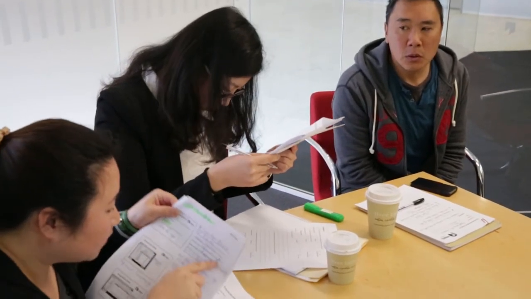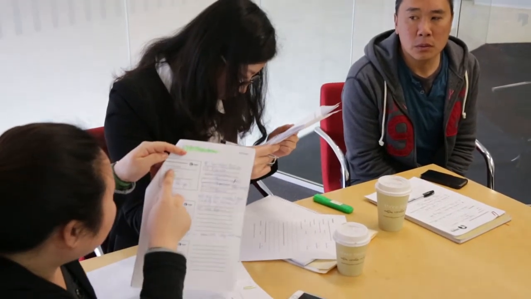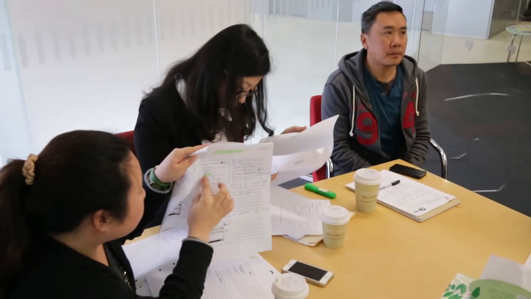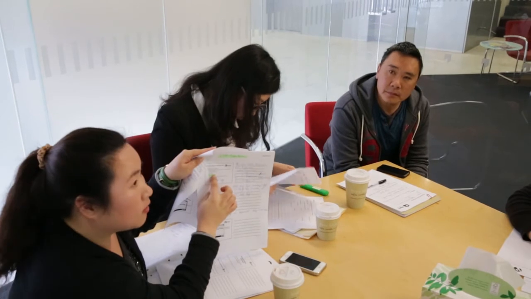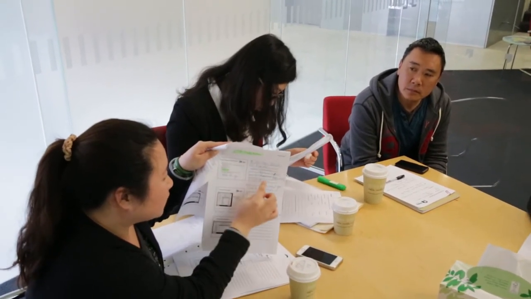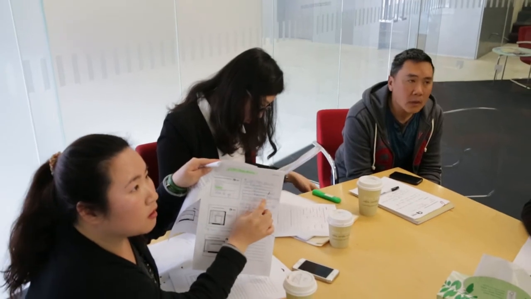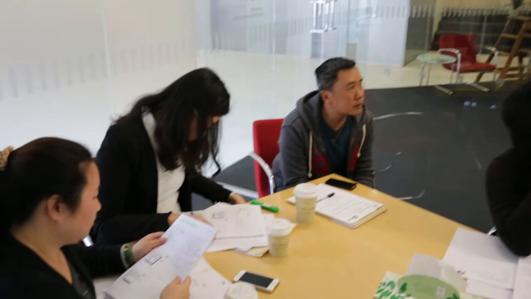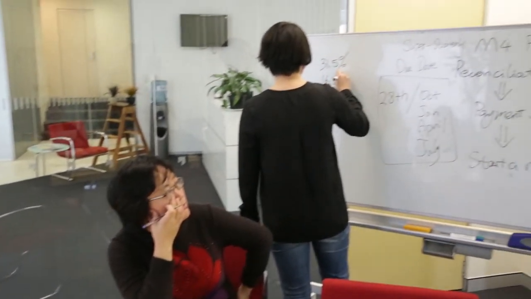Another question, like the gross rate, this one, on the base knowledge of attorney pay, this one is 31.5 and the other one is 64.